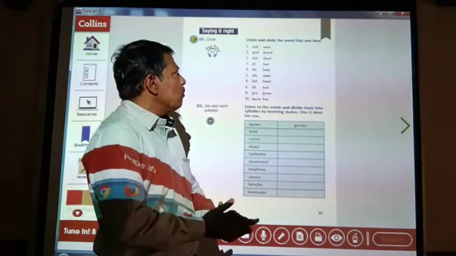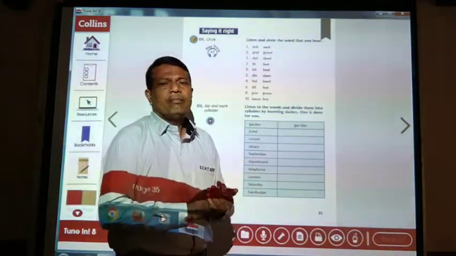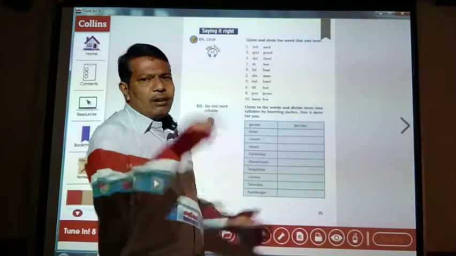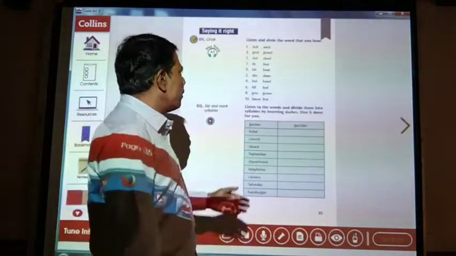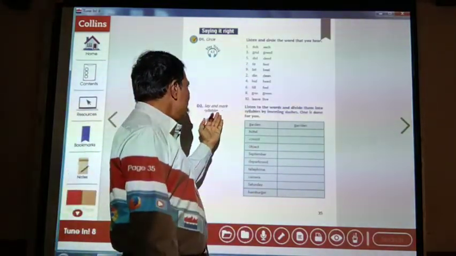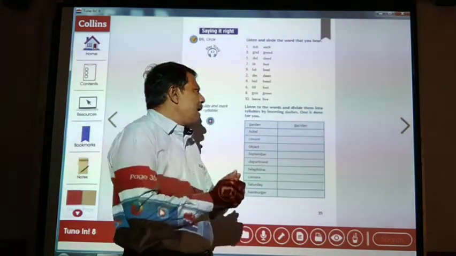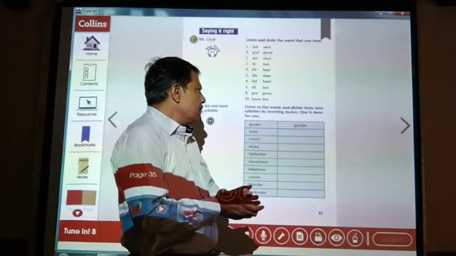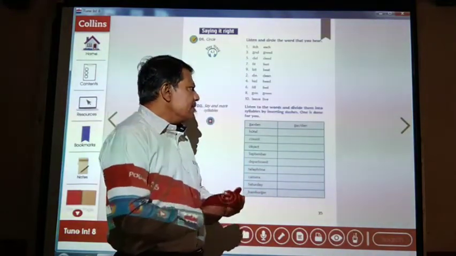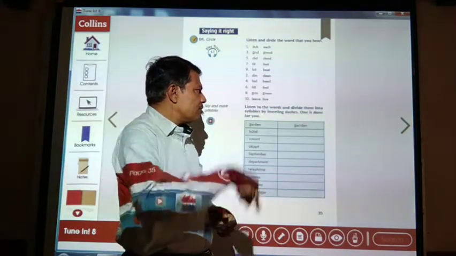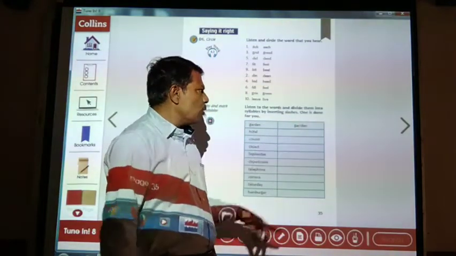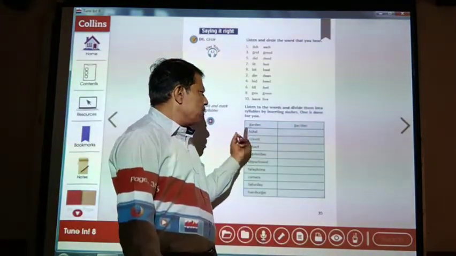Listen and circle the words that you hear. That can be done in your textbook you all have got. And we say and mark syllable, okay? Listen to the words and divide them into syllables by inserting slashes, that the line is drawn. One is done for you.